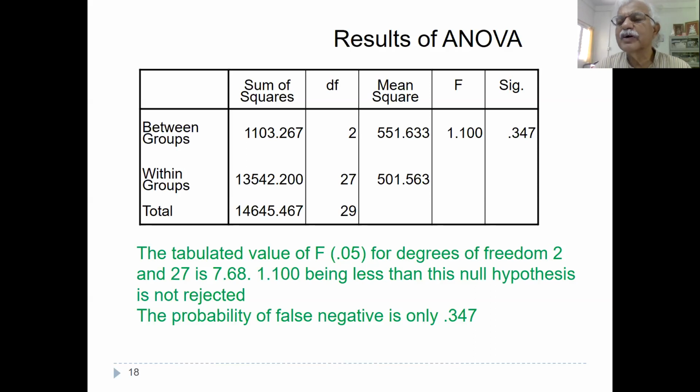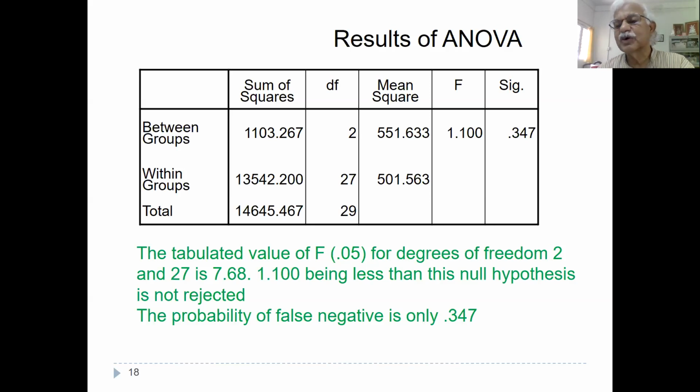In a modern way of interpreting findings of the ANOVA, or inferential statistics in general, we also calculate sig. While in the conservative model, we fix the p-value and decide whether the null hypothesis can be rejected or not. Sig means that if we are going to reject the null hypothesis, what would be the probability of committing type 1 error, and that is 0.347.